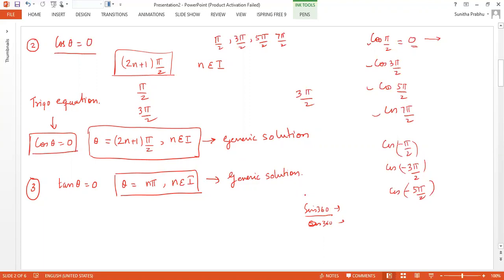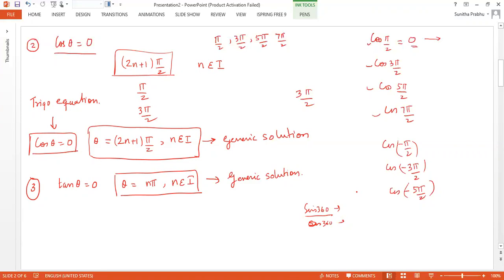To reiterate, sin theta is equal to 0 means what is the generic solution? Theta is equal to n pi, where n belongs to integers. That is sin theta. What is tan theta is equal to 0 means? It's going to be the same thing. For sine and tan, when theta is equal to 0, the generic solution is the same.